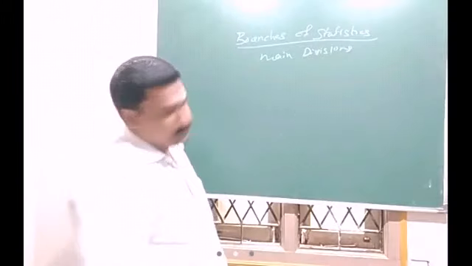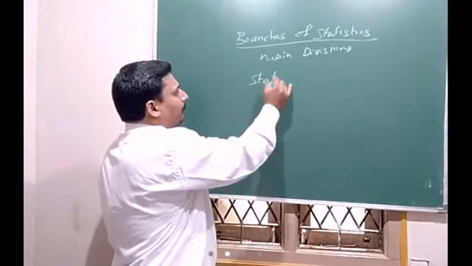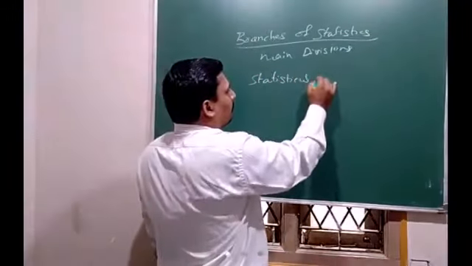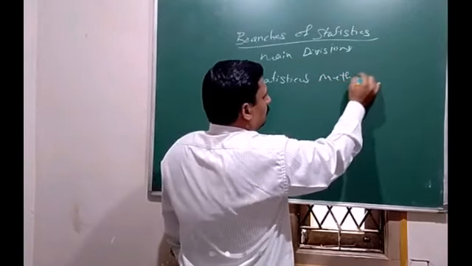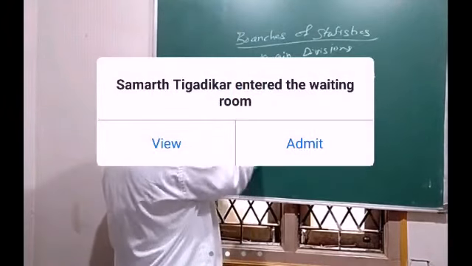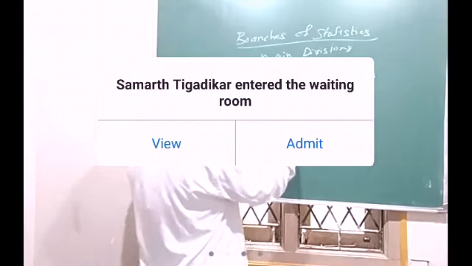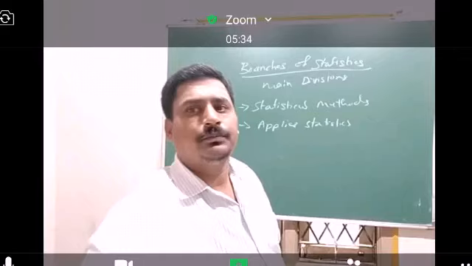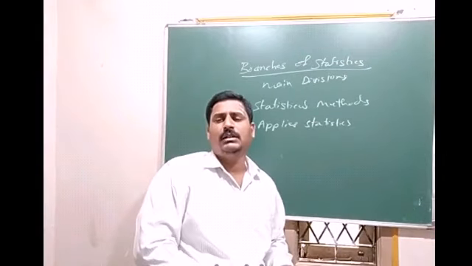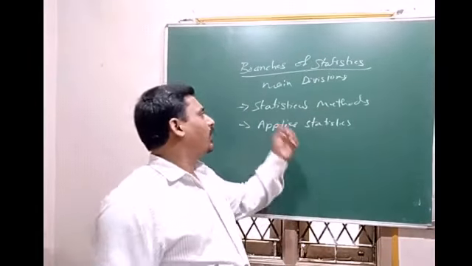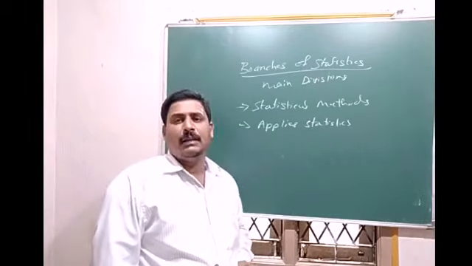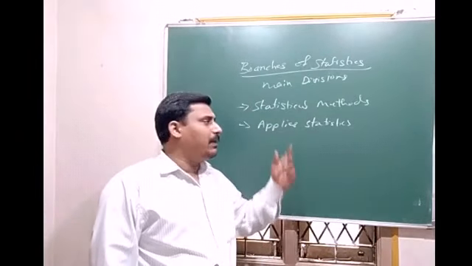One is statistical methods, and the second one is applied statistics. So statistics has two branches: one is statistical methods, and the second one is applied statistics.